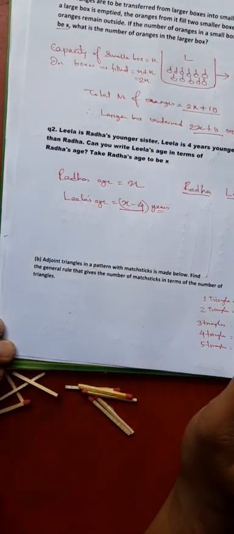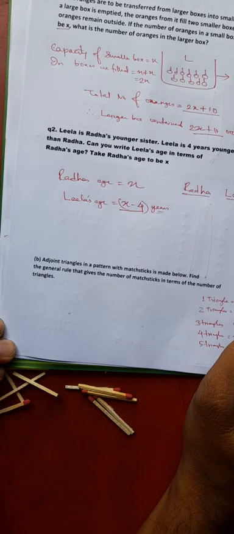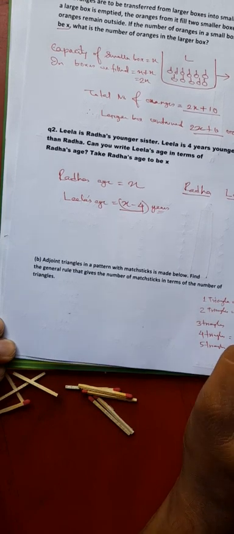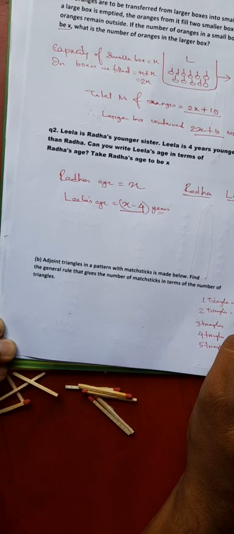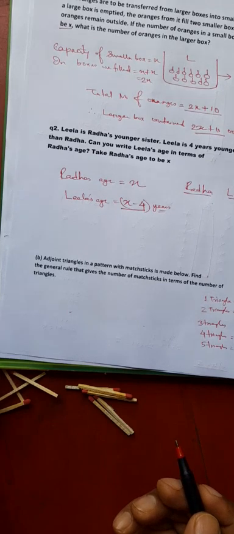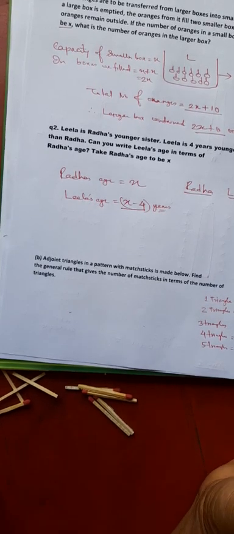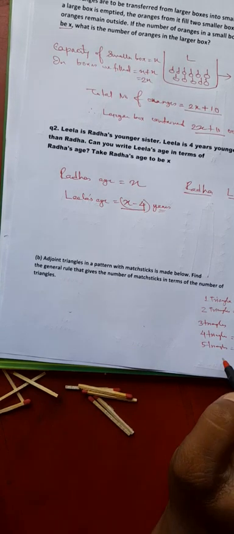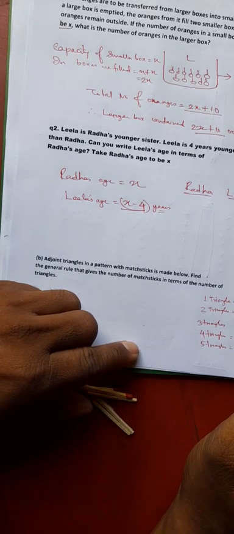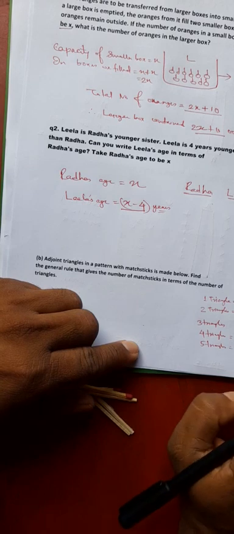We try to generalize this with variable x. If you form x number of triangles, or any number of triangles, n number of triangles, then what would be the situation? For 5 triangles, you are multiplying 3 by 5 and replacing 4. That means it is 1 less than 5.